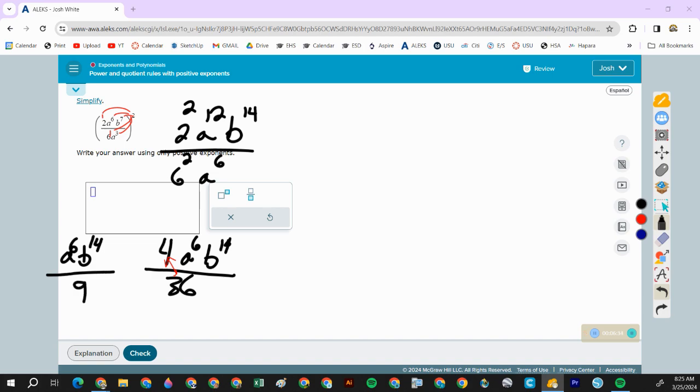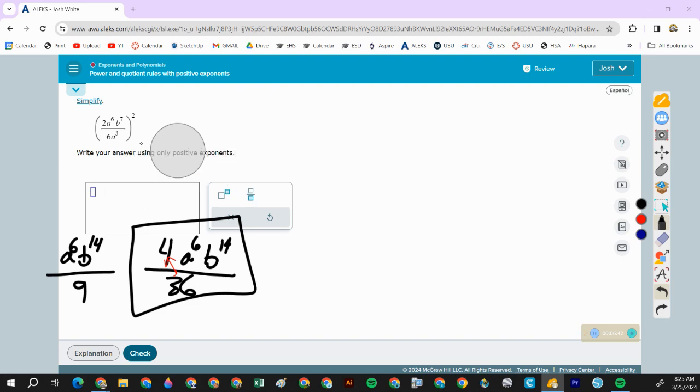Now, if this simplifies after we bring the squared in, it should have simplified before we bring the squared in. So let's take a look at that. Well, 2 goes into 6 3 times. And a to the 3rd is going to cancel 3 of those. So now we bring in the squared.